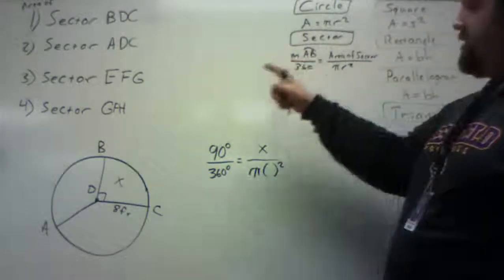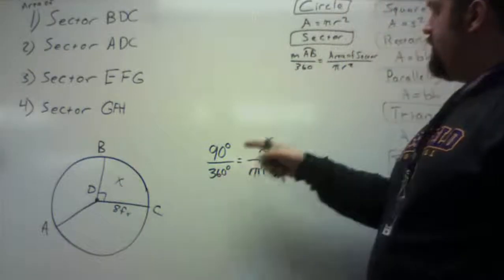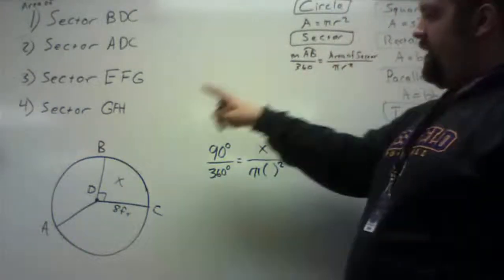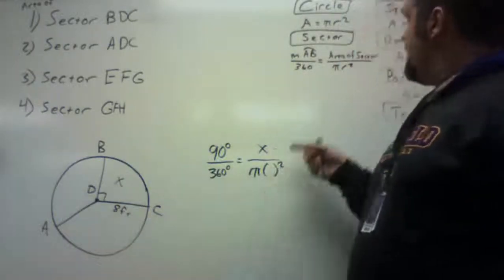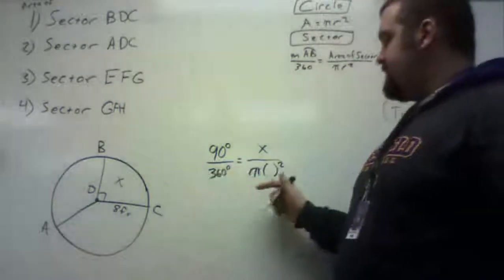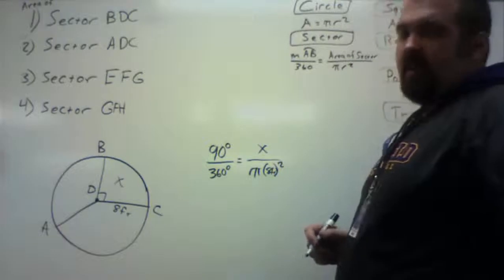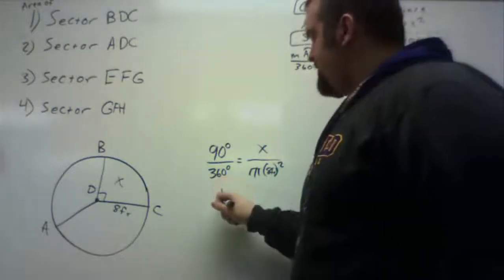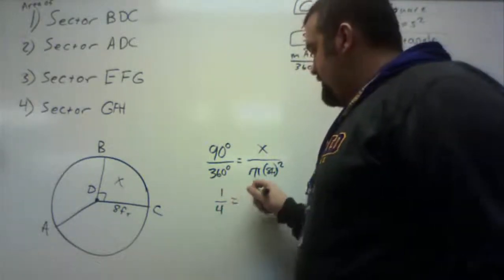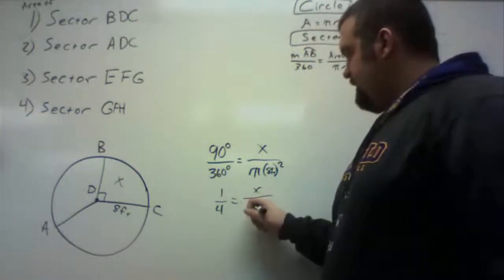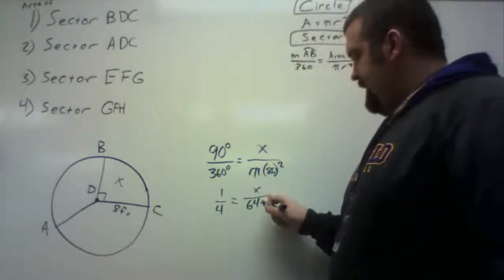So, measure of the arc, 90 degrees, to 360, equals the area of the sector I'm looking for, x, to pi r squared, pi 8 feet squared. I'd reduce, again, just like I was doing yesterday, 1 to 4 equals x to 64 pi feet squared.